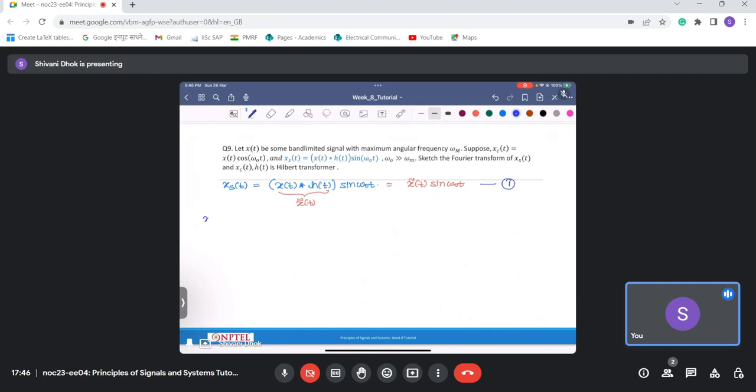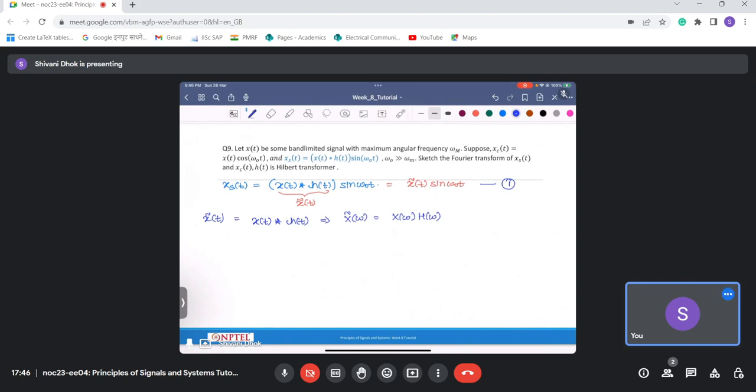So what we have is x tilde(t) is equal to x(t) convolved with h(t). Now note that we need to find the Fourier transform of xs(t). So let us first try to find the Fourier transform of this x tilde(t). So X tilde(omega) is equal to X(omega) into H(omega).